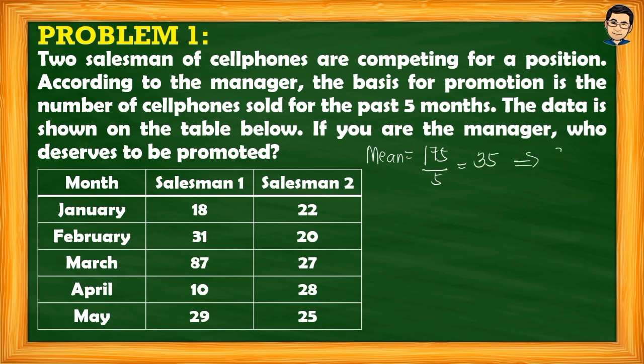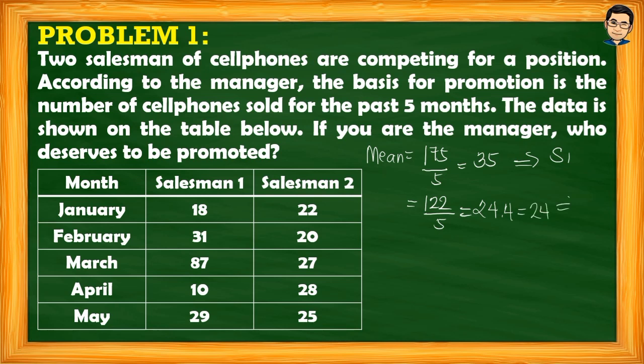Yan si salesman 1. Kung si salesman 2 naman, 22 plus 20 plus 27 plus 28 plus 25, ang makukuha natin for salesman 2 is 122 over 5. Ang makukuha natin is 24.4 or gawin natin siyang 24.